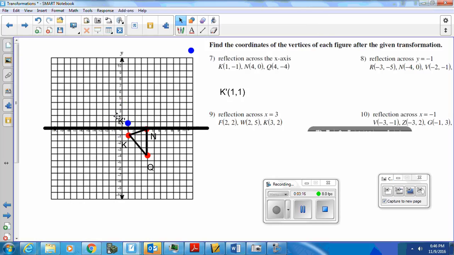Then, let's see. N prime, well, it's going to be the same. So n prime is going to be exactly the same because it's right on the line of reflection. And q prime, you just count up 1, 2, 3, 4, and you end up at 4, right? 1, 2, 3, 4. So just make sure and count right.